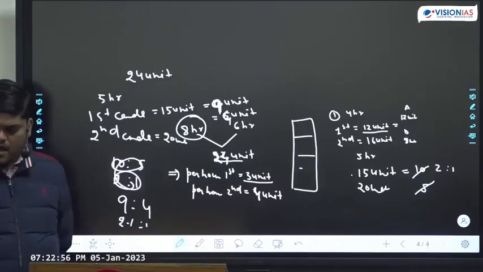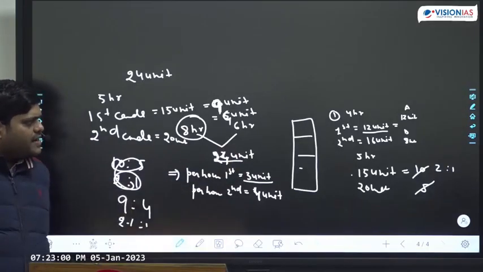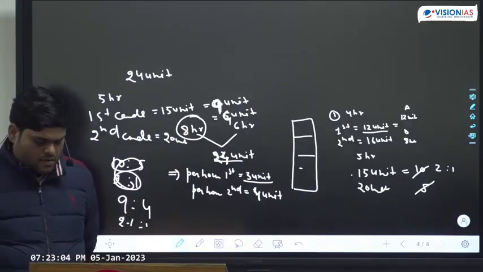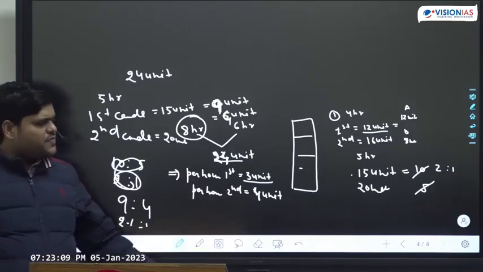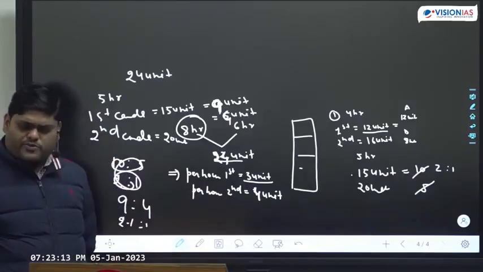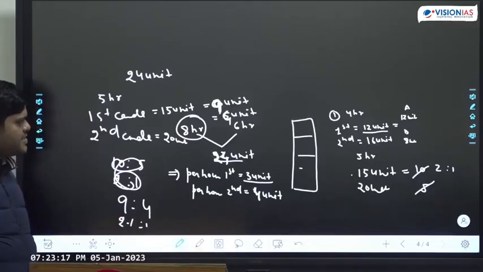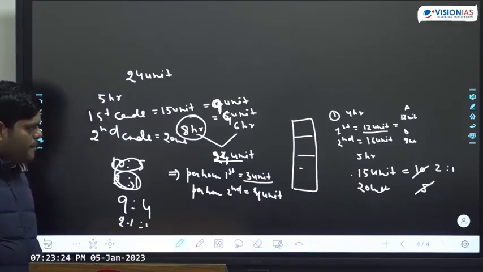Okay, I will check that, क्योंकि there should be some better way, ये बहुत complicated हो जाएगा. There should be some better way to solve this question, because by this way it looks very complicated. Yes, by option we can remove and we can solve, but that should not be the way.